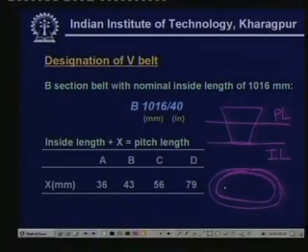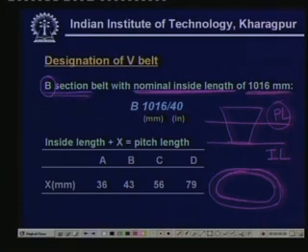While designating a belt, the interesting fact is that it is never designated with respect to pitch length, but with respect to nominal inside length. Suppose after calculation you have selected a B section belt depending upon the power transmission, and you computed that the belt length is 1016 mm.